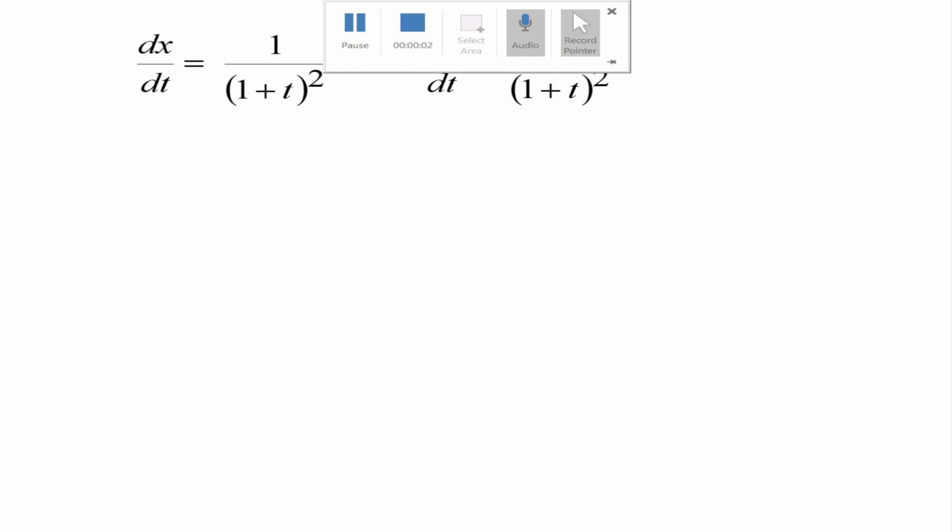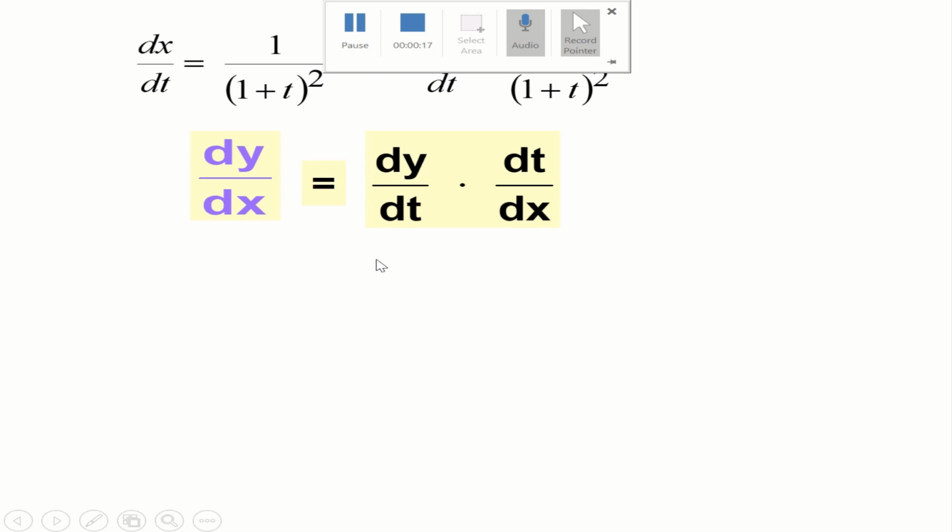Now we get dx/dt equals 1 over (1 plus t) squared and dy/dt equals t multiplied by (2 plus t) over (1 plus t) squared. So by using the chain rule, we can find dy/dx equals dy/dt multiplied by dt/dx. So dy/dt is t multiplied by (2 plus t) over (1 plus t) squared, multiplied by (1 plus t) squared over 1, since we flip dx/dt.